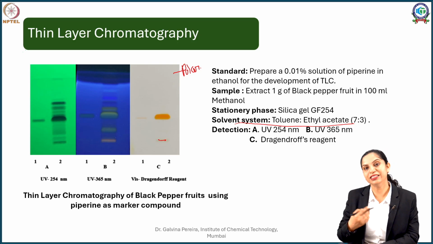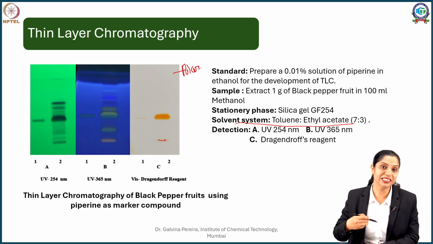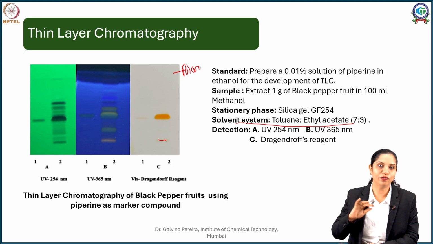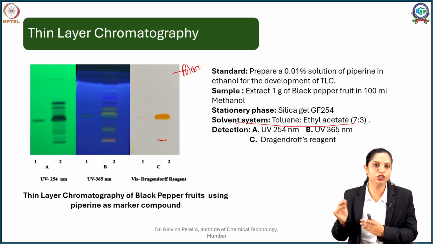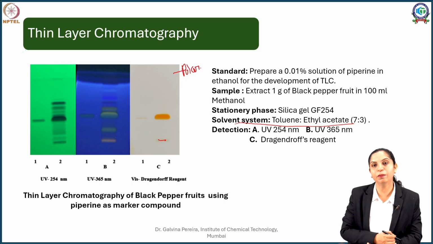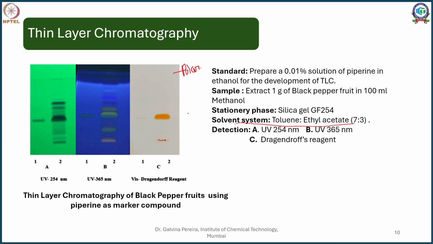Now when you run your sample in a developing chamber, as the sample passes, because of its lipophilicity and hydrophilicity, there is a pull and push and eventually it stops at a particular point. We call this your retention factor or Rf. So depending upon how polar or non-polar it is, your extremely non-polar compounds will be seen at the top, whereas extremely polar compounds will be seen at the bottom.